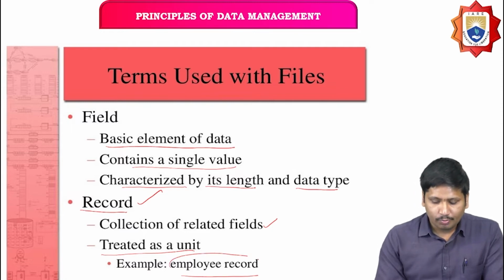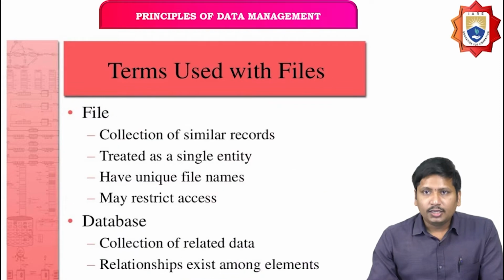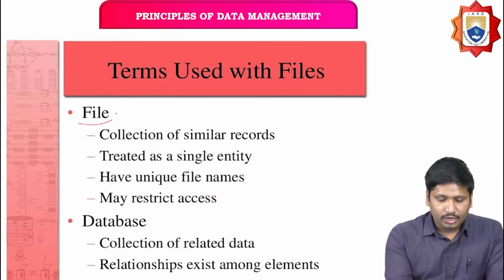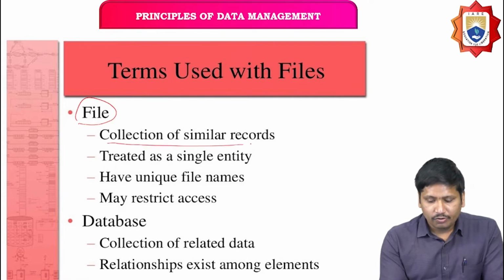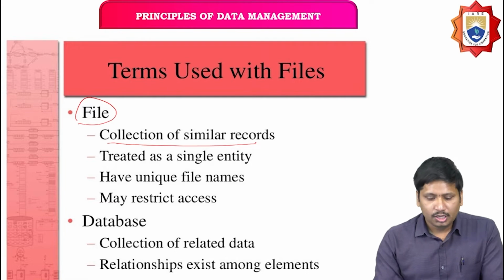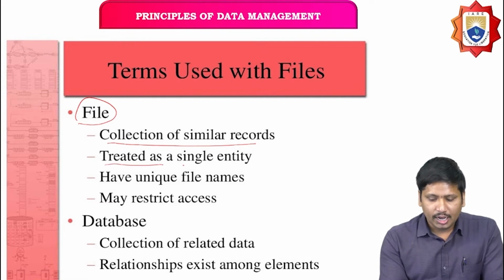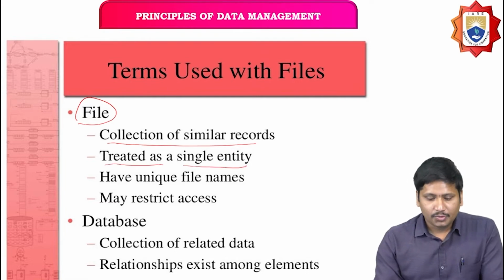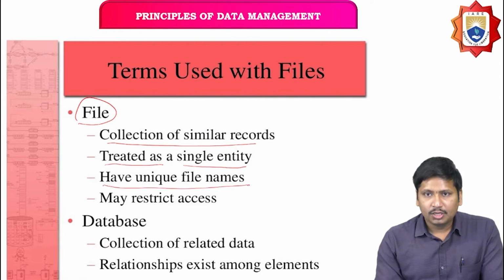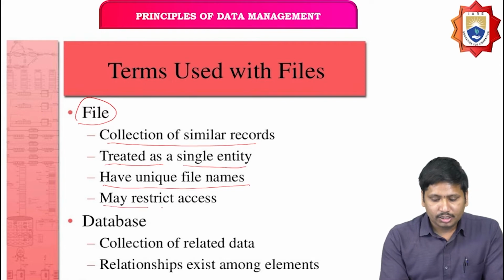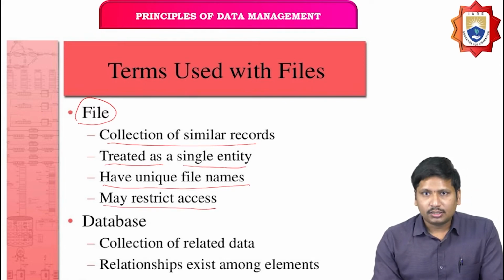The next term used in files is file. So what is a file? A file is a collection of similar records and is treated as a single entity. Each file has a unique file name, and it may restrict access as well.